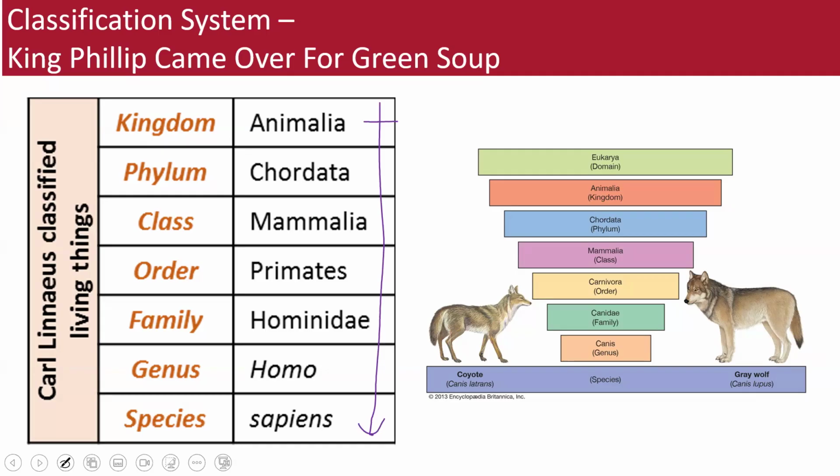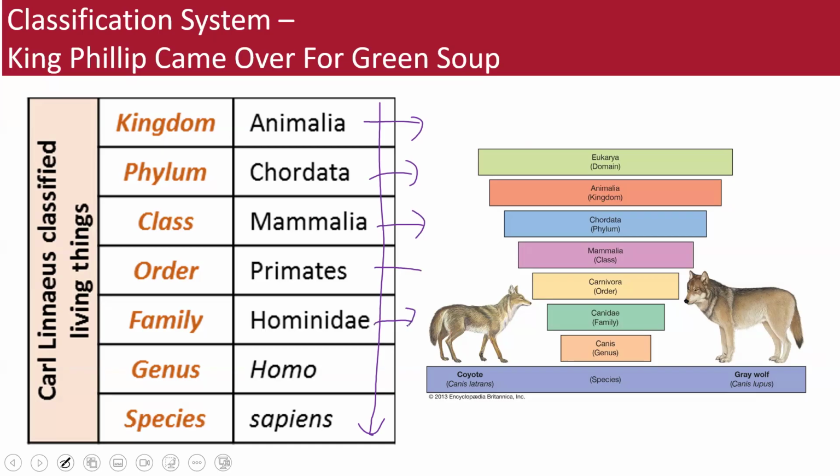We are in the kingdom animals. Chordata means has a backbone, has a spine. Mammals means you are hairy and you produce live young and suckle. Primates, opposable thumbs.